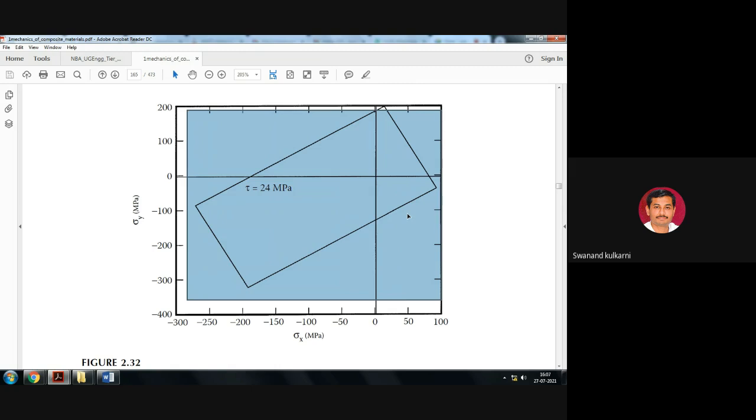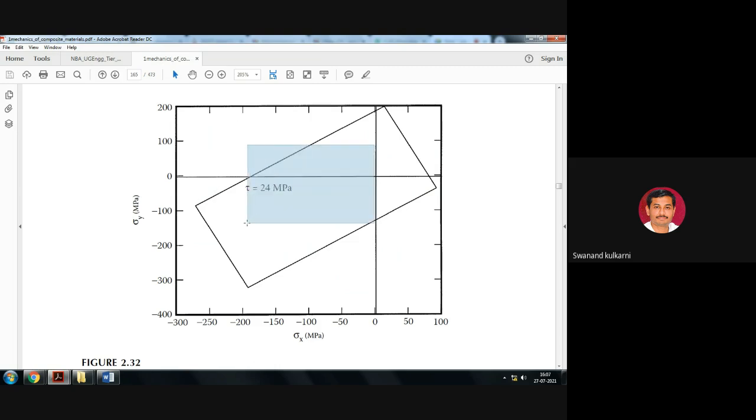With reference to the failure envelope, we may consider the material stable and safe within this particular region. Whatever region is shown here, in that region the material is safe, but outside this region it is not safe. So if the value of tau goes beyond 24, it will not be regarded as safe.